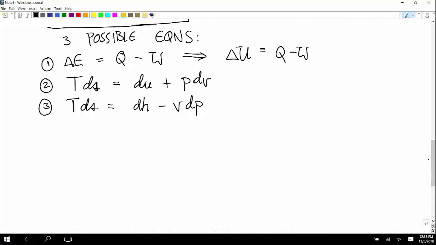Okay, so if we're trying to come up with finite changes, we're going to be integrating those TDS equations. So let me rewrite each of these. The integral of TDS is equal to the integral of du plus the integral of p dv.